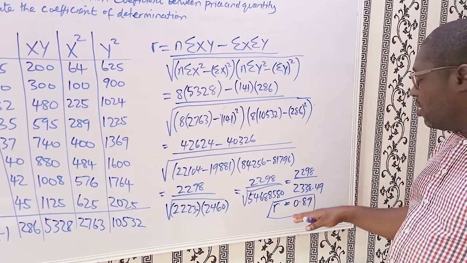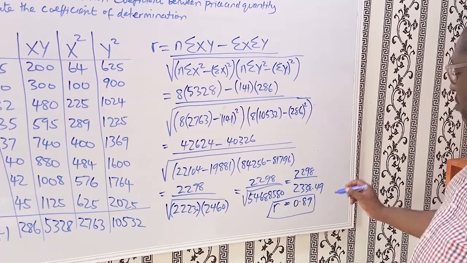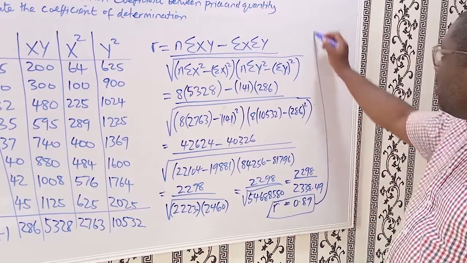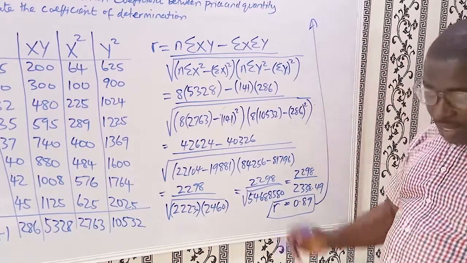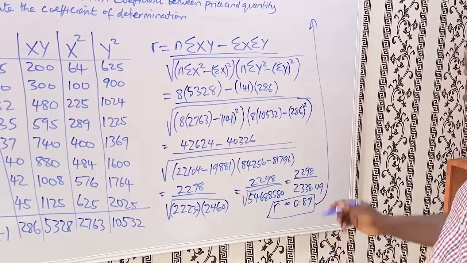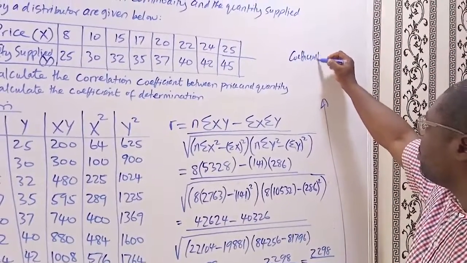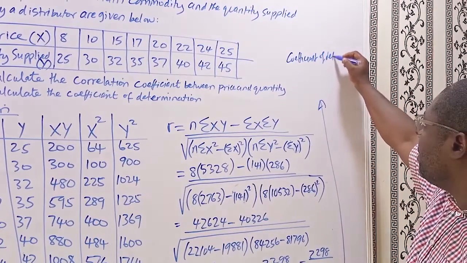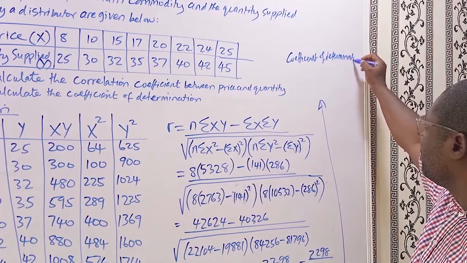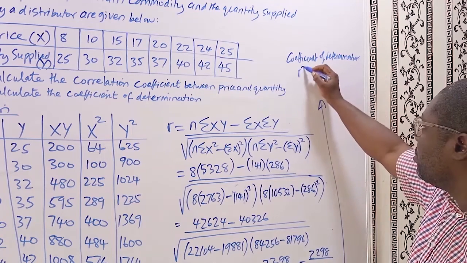This is a strong relationship. Now for space, let me move up here to looking at what we call the coefficient of determination. The coefficient of determination, that is the R squared.